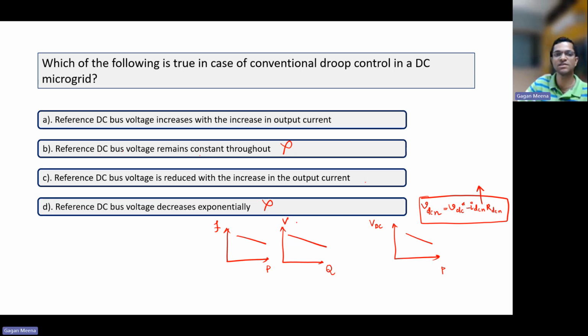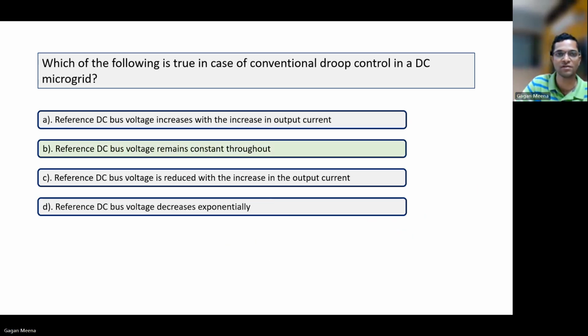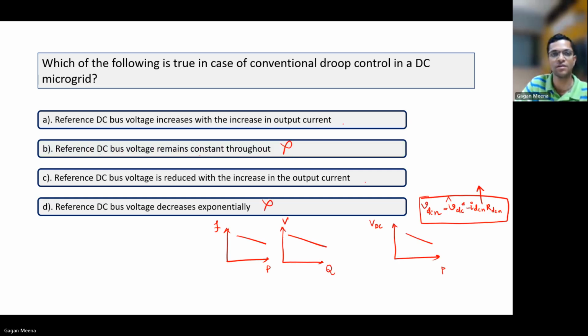The reference DC bus voltage remains the same, but this value will change.